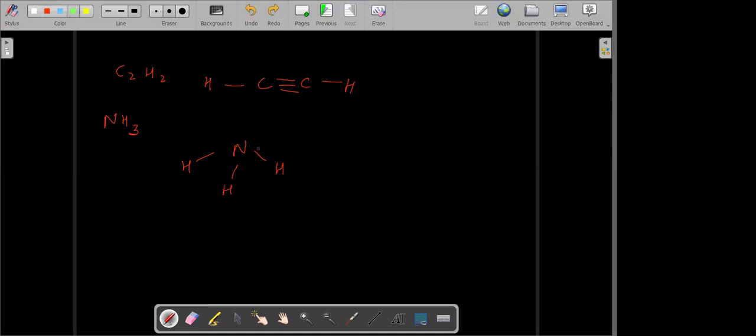So now if you see, nitrogen has its octet completed. It shared 3 electrons and 2 of the electrons are with itself. Now its total is 6 plus 2, which is 8. So the configuration of nitrogen is satisfied.